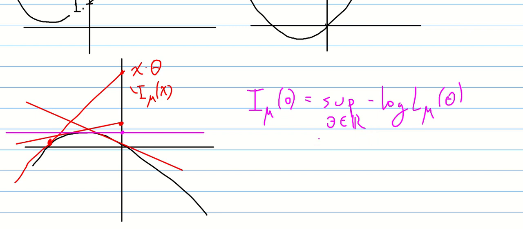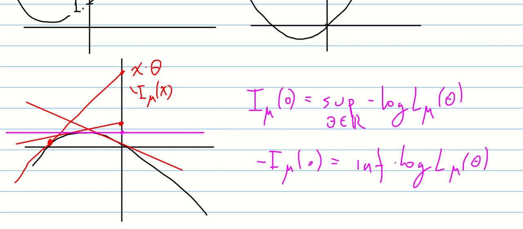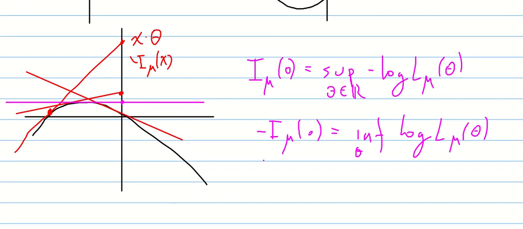So another way to say this is to say that minus I mu of 0 is the infimum of the log of L mu of theta. So this is the first property that we are proving, the convexity. And now we are gonna show a little bit more about what this rate function looks like in the next proposition.